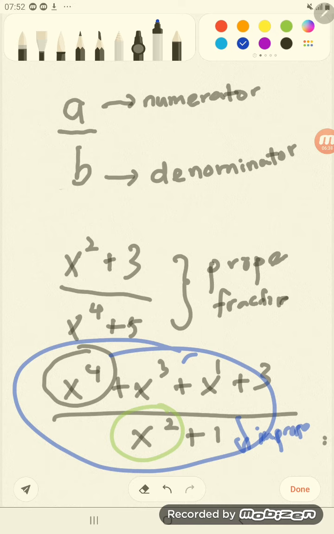So it's quite easy to detect whether you are dealing with a proper or improper fraction. You just need to remember that for the proper one, the highest power on top is always less compared to the bottom one. Or you can imagine that you try to lift a person or anything.